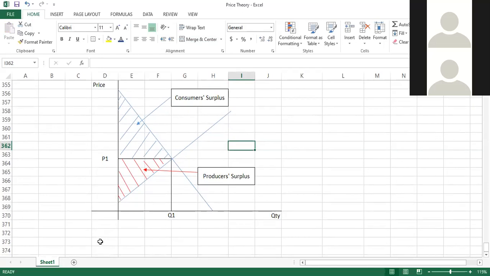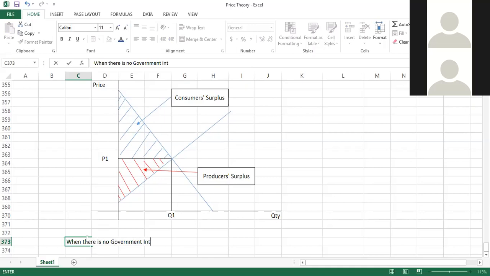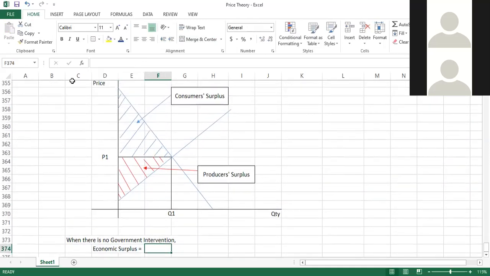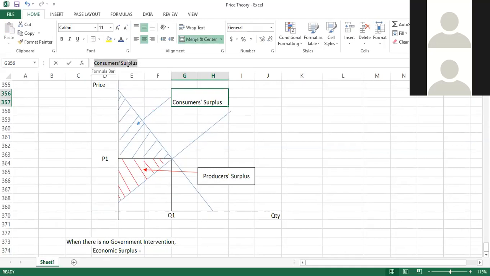So when there is no government intervention, economic surplus is equal to the consumer surplus plus producer surplus, right?